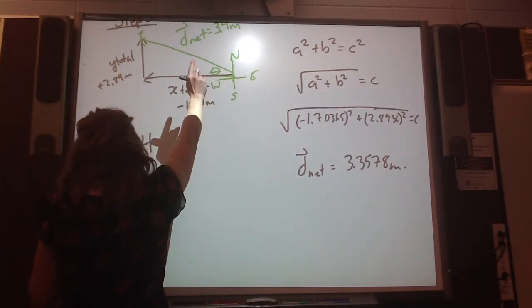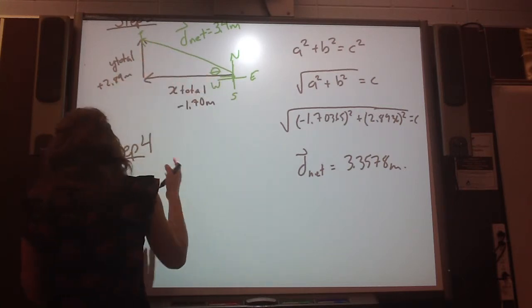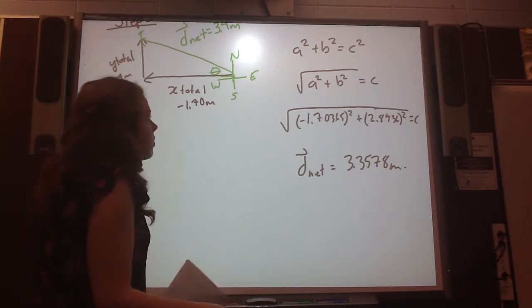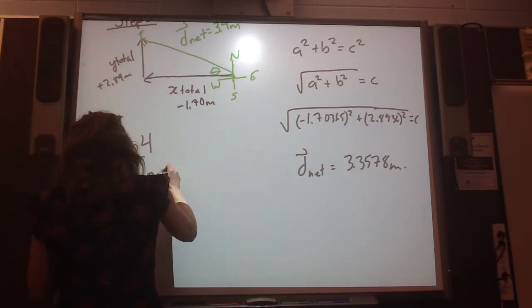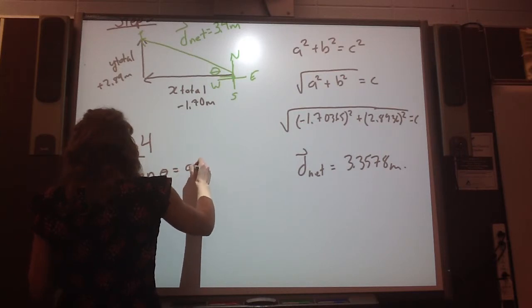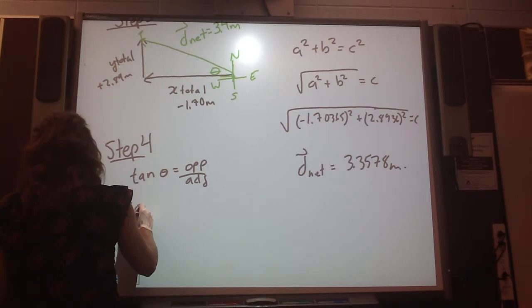So I know I'm going to use tan, because I have my opposite and my adjacent. You can use whatever you want because we have all three, but I just chose tan. So tan theta is equal to opposite over adjacent. So we are solving for theta.